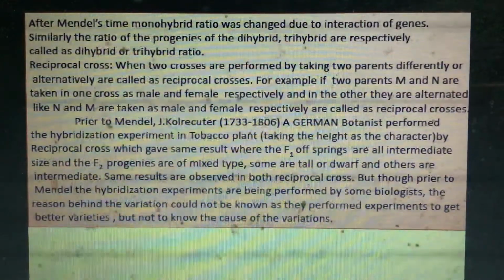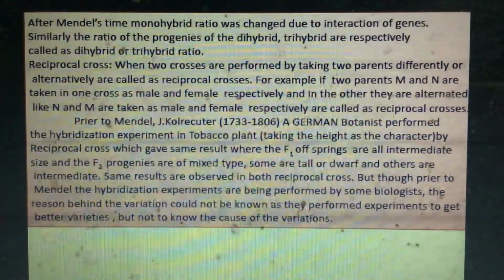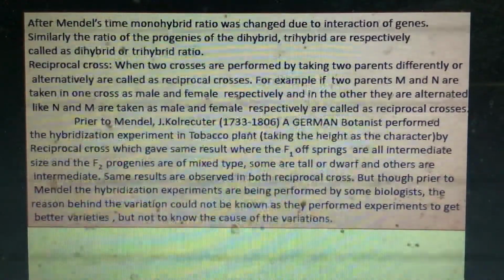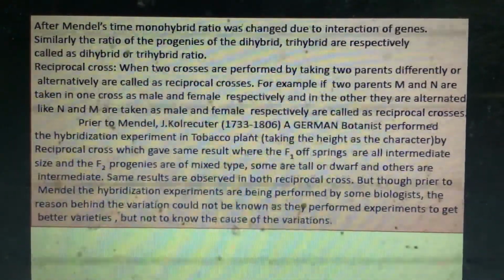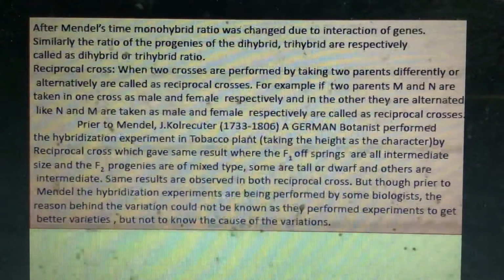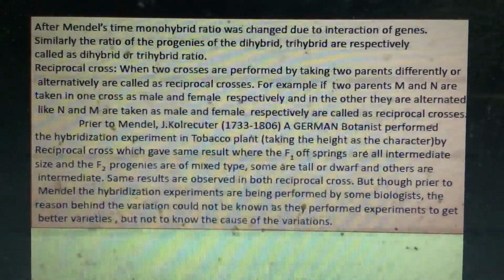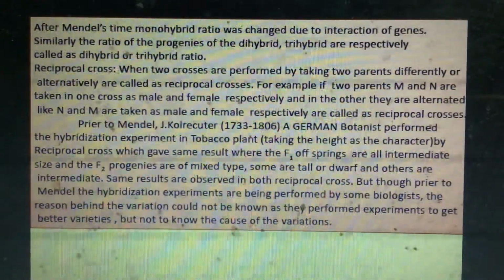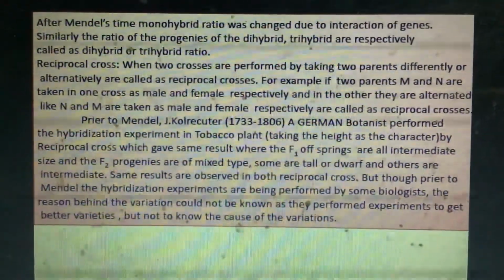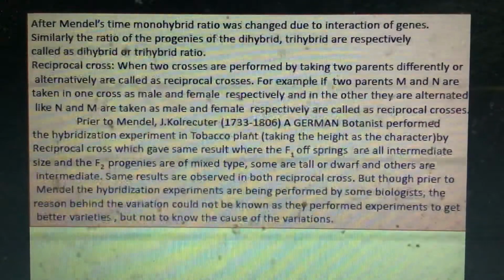The tall plant and the dwarf plant, when crossed together, give rise to an intermediate plant, which is incomplete dominance. And in the F2 generation, the plants are of mixed type: tall, dwarf and intermediate, all types are produced.